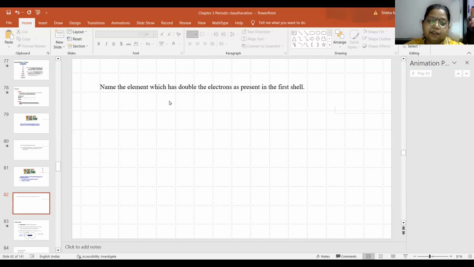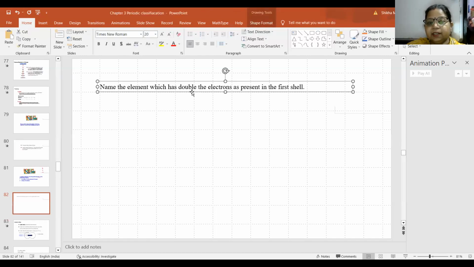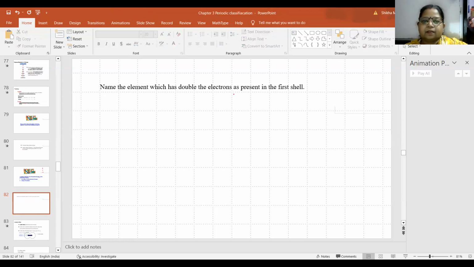Now, this is another interesting question. Name the element which has double the electrons in its second shell. I'll add to that. This type of a question, since I'm a member of the CBSE committee who asked for sample questions from the teachers, was there.